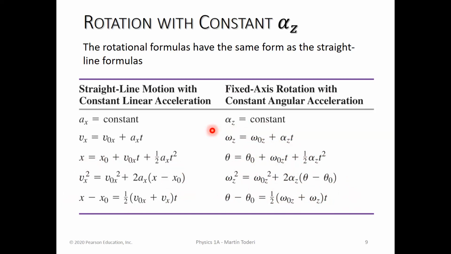Because you can think about this as just a change in the actual significance of the coordinate, but the math will be the same, right? So the functional forms of these quantities are the same. The difference is what they mean in the physical space.